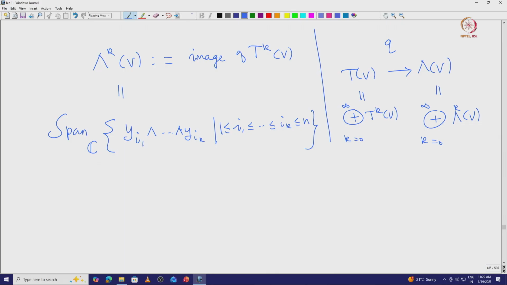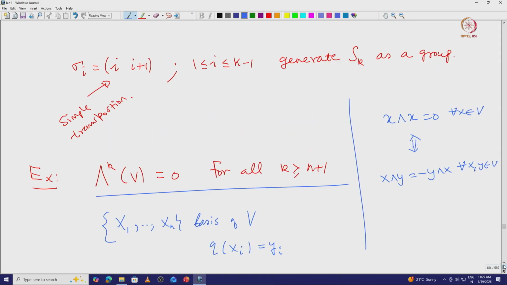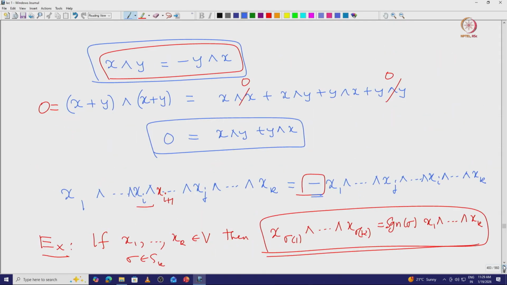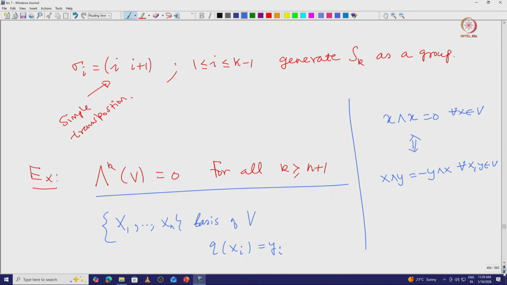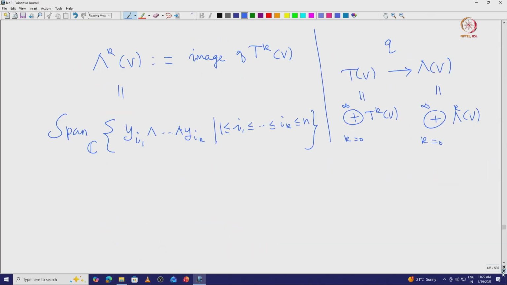Now if you take these yi1 etc. yik, if they are not in the correct order and you switch them, then up to a sign you can make them the correct order, because this is what this exercise says. If they are not in the correct order, you switch them into the correct order, and all you get is only the signs. So, that means you can always write it in the correct order, like i1 less than or equal to etc. ik.